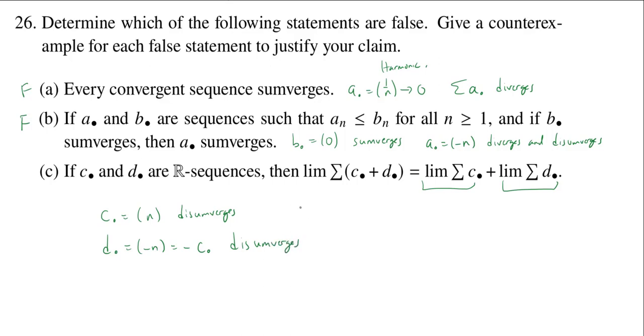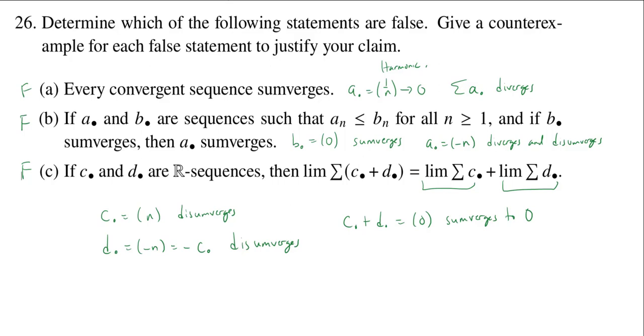But if I add them together, I get the zero sequence. And the zero sequence definitely converges. In fact, it converges to zero. So this is an example where the limit of the sum is not the sum of the limits because the individual limits don't even exist. So this one, regrettably, is also false.